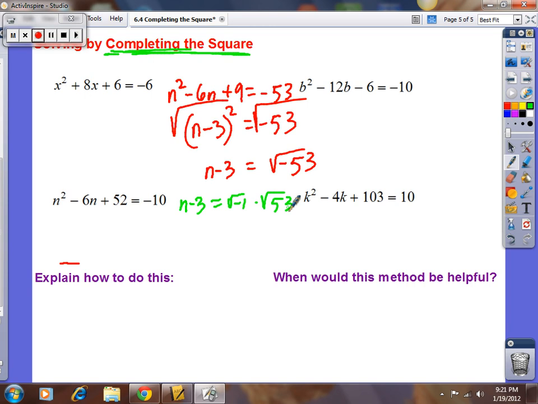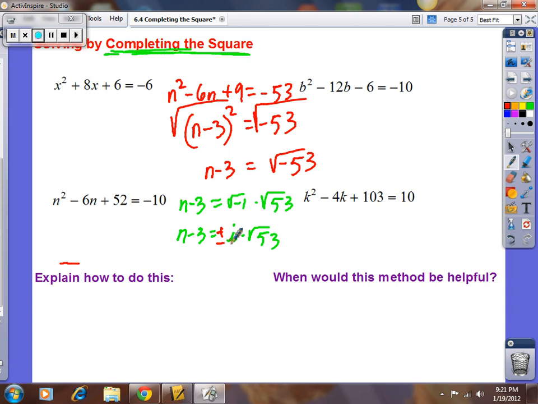And square root of a negative 1 is your imaginary number. So I'm going to change that to i times the square root of 53. But remember, there's going to be two roots. There's going to be the positive root or the minus root, plus or minus.